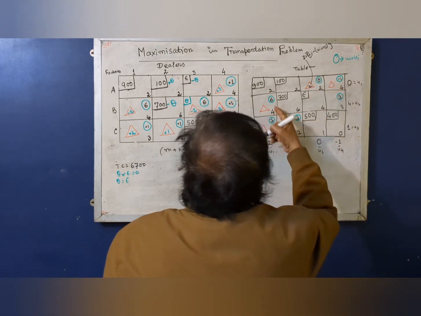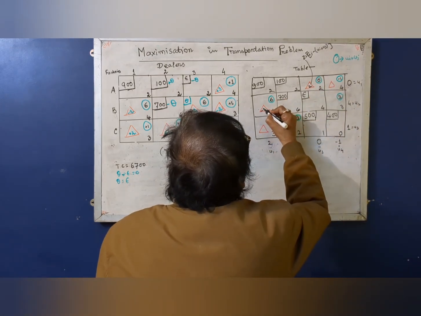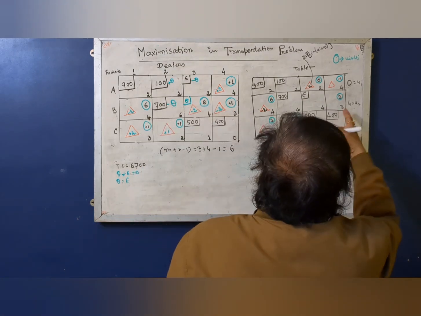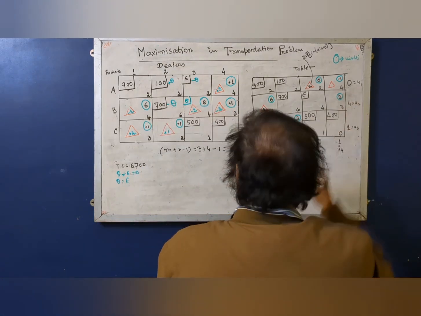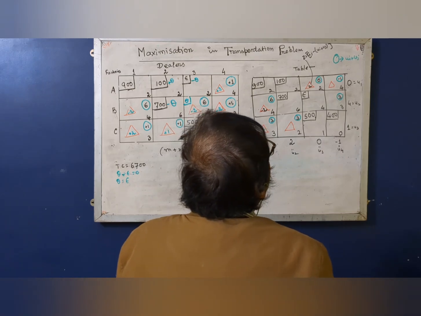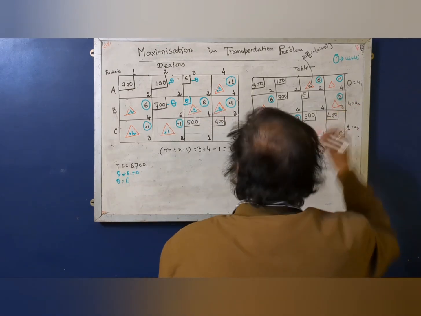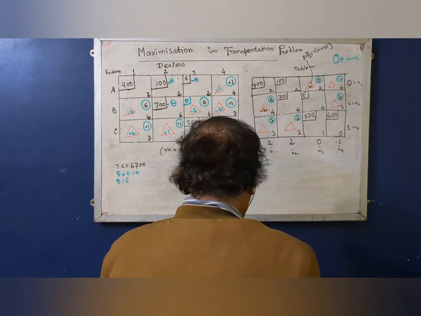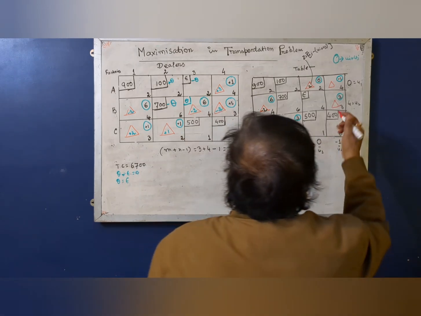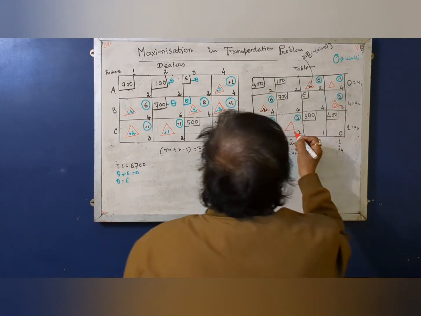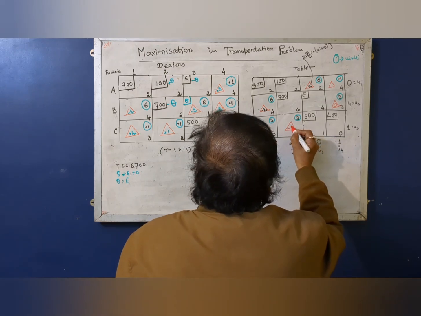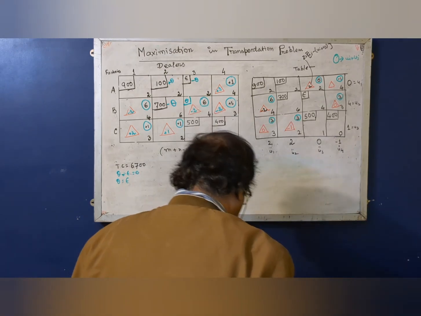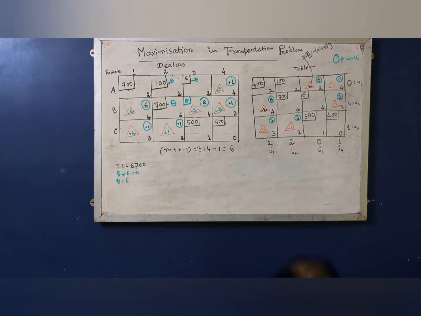Here 4 minus 6 is minus 2. For this non-basic cell, 3 minus 3 is 0. And 2 minus 3 is minus 1. 3 minus 3 is 0. I think I have completed all the triangles.